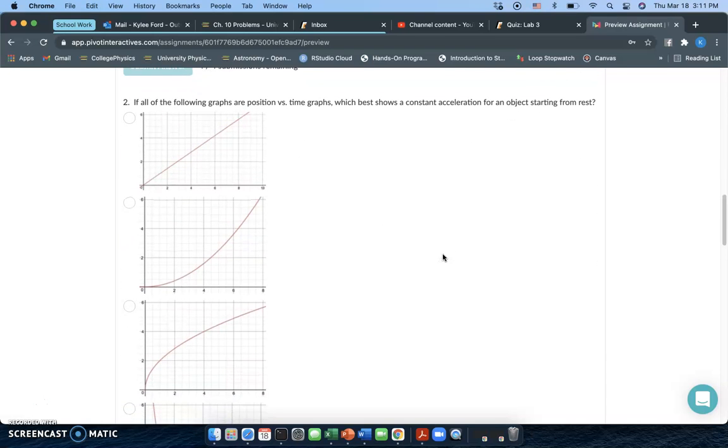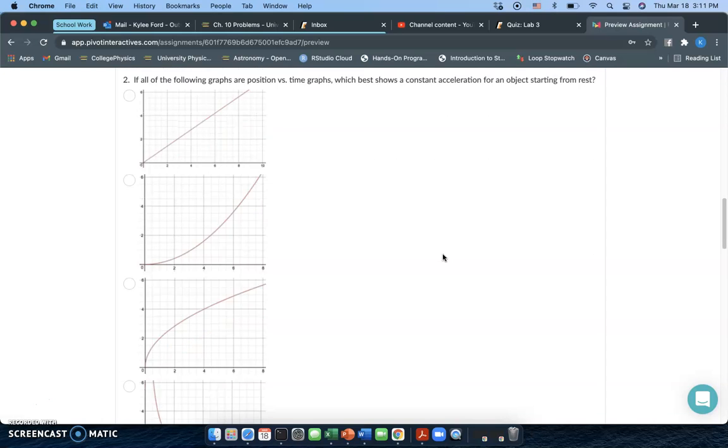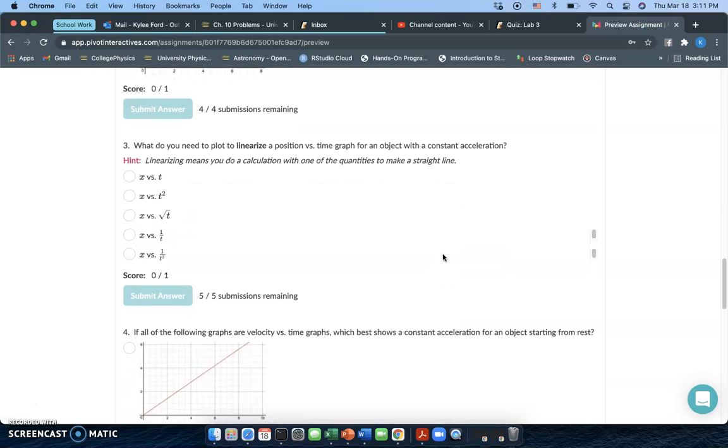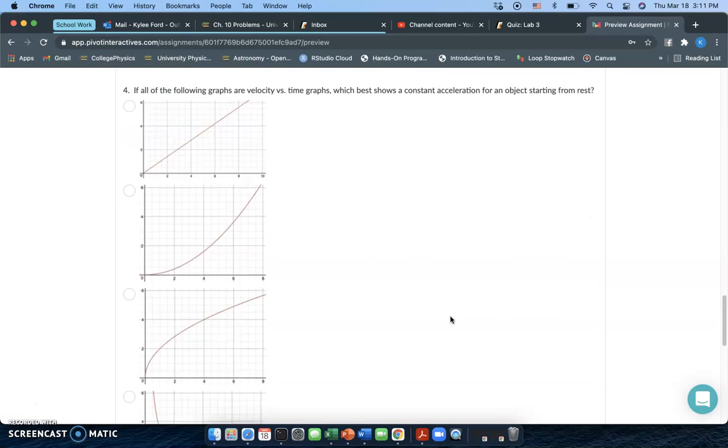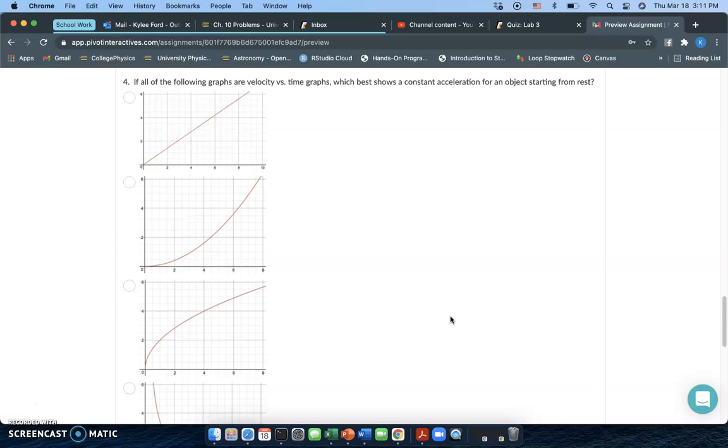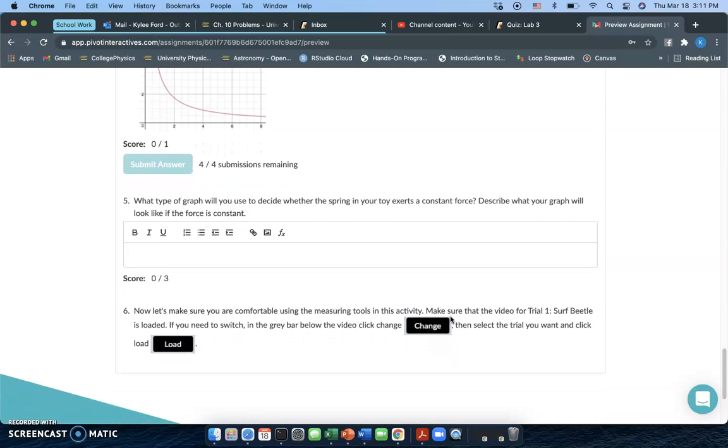It also asks about some graphs, position versus time graphs, how it should look, and about linearizing your graph. So basically what would be a line, and how a velocity versus time graph should look.